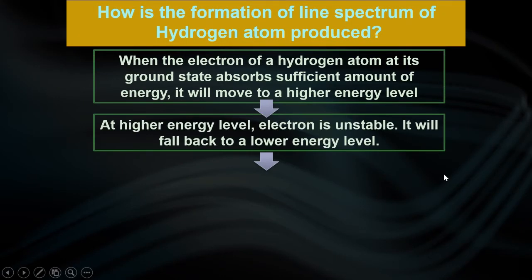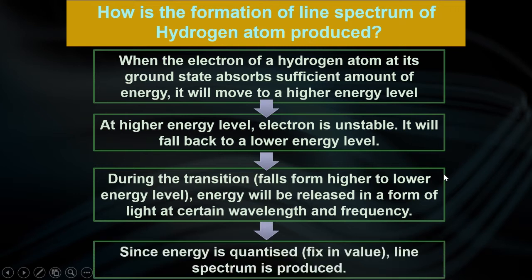These are the answers that you should give when the question asks you to describe the formation of a line spectrum. You must start from the ground state. When an electron of a hydrogen atom at its ground state absorbs a sufficient amount of energy, it will move to a higher energy level. At the higher energy level, the electron is unstable.